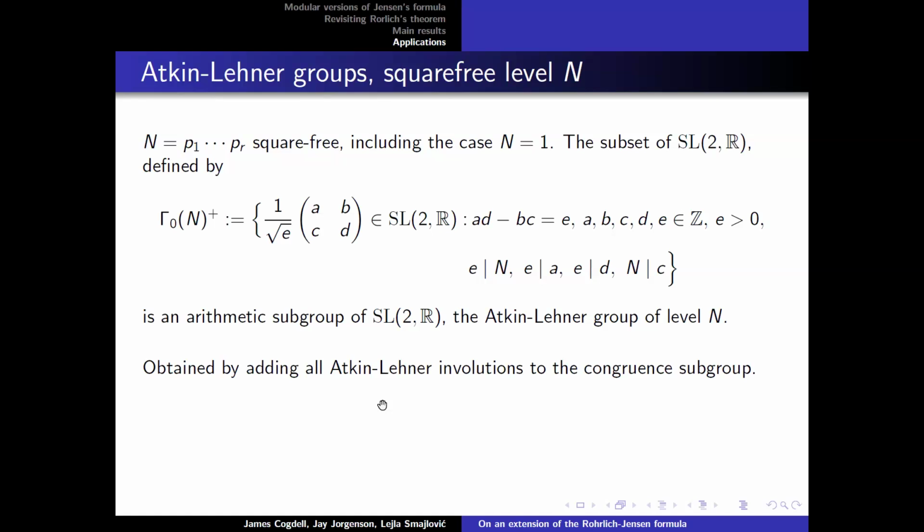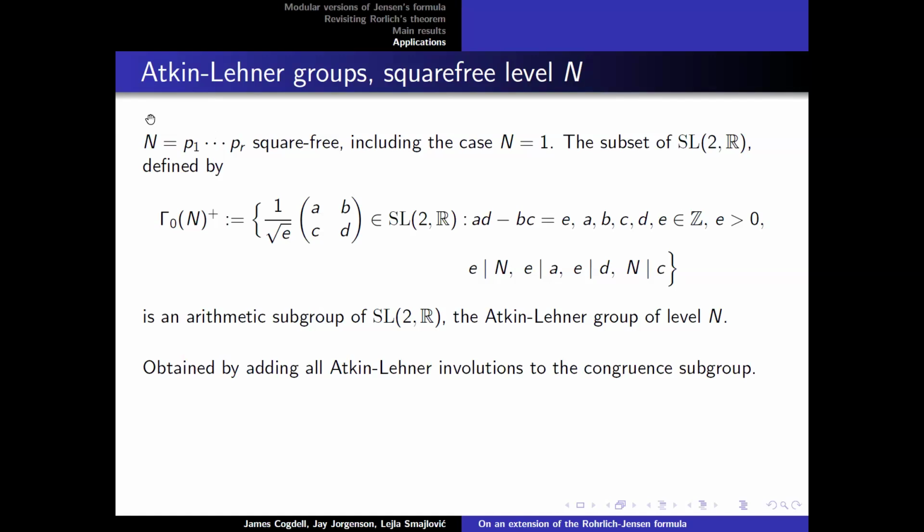But it is not a subgroup of the modular group. Why? Because we have this square root here. So that is a group which is obtained by adding all Atkin-Lehner involutions to the usual congruence subgroup.